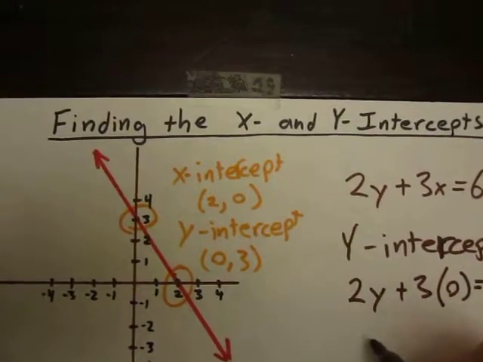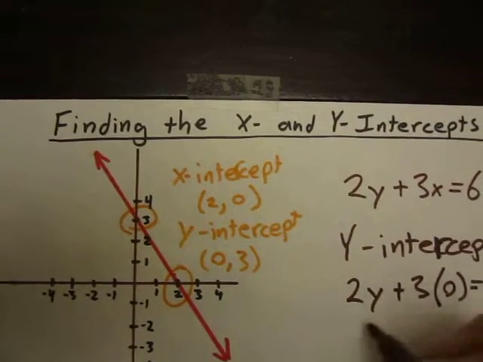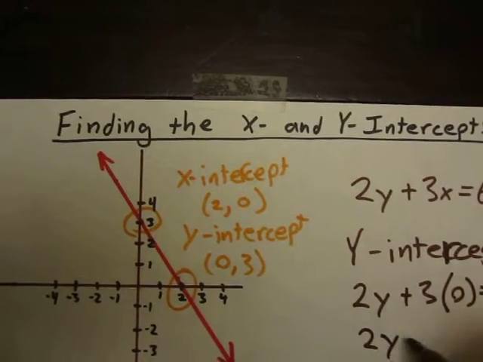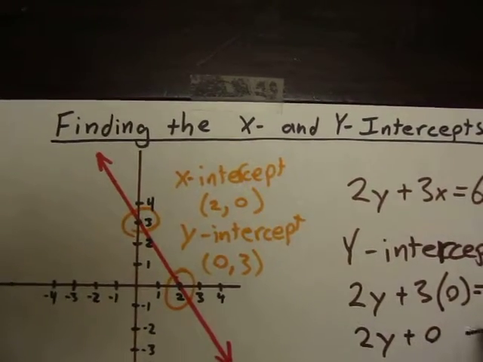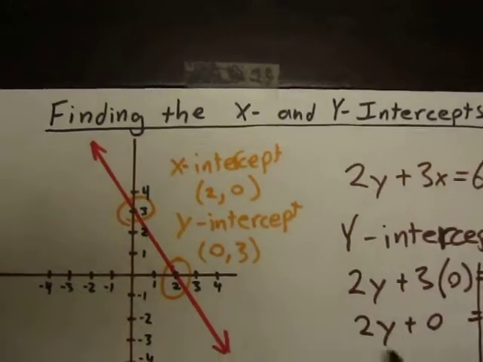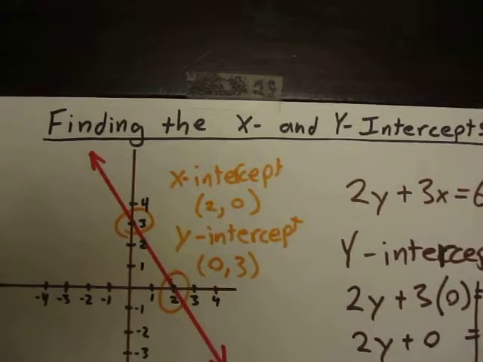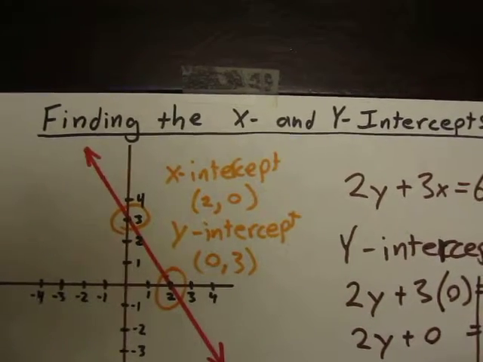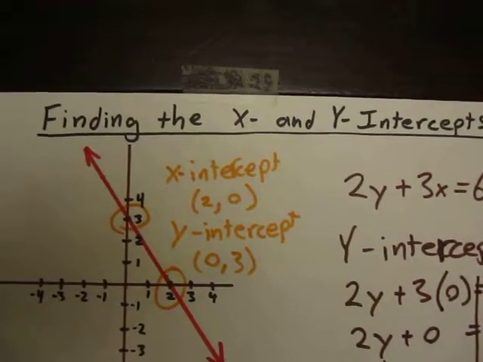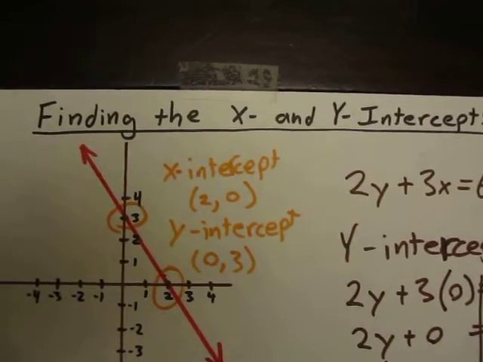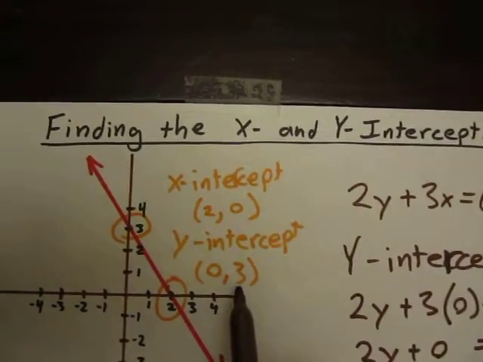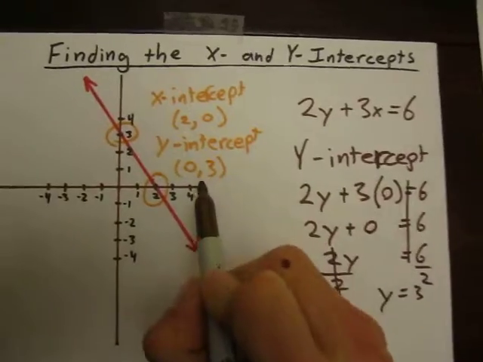This means we can simplify this. 3 times 0 is 0, so we have 2y plus 0 equals 6. Continue to simplify this, and we have 2y equals 6. Divide both sides by 2, and we're left with y equals 3, which is what we got over here.